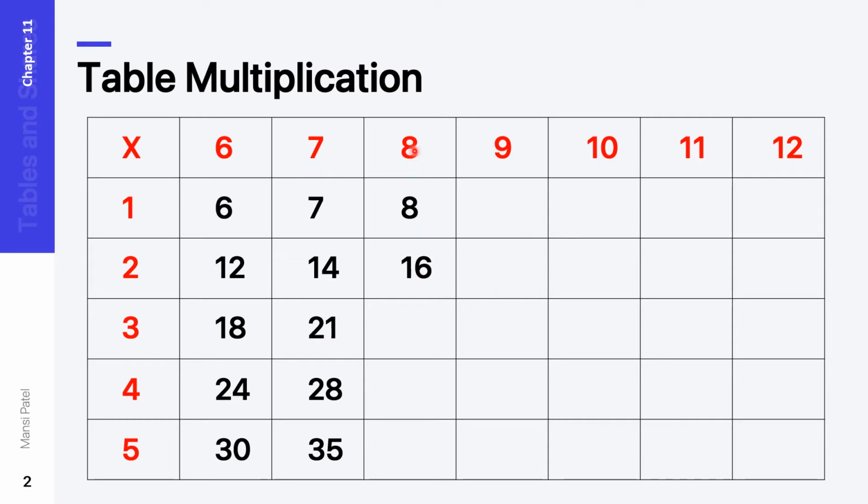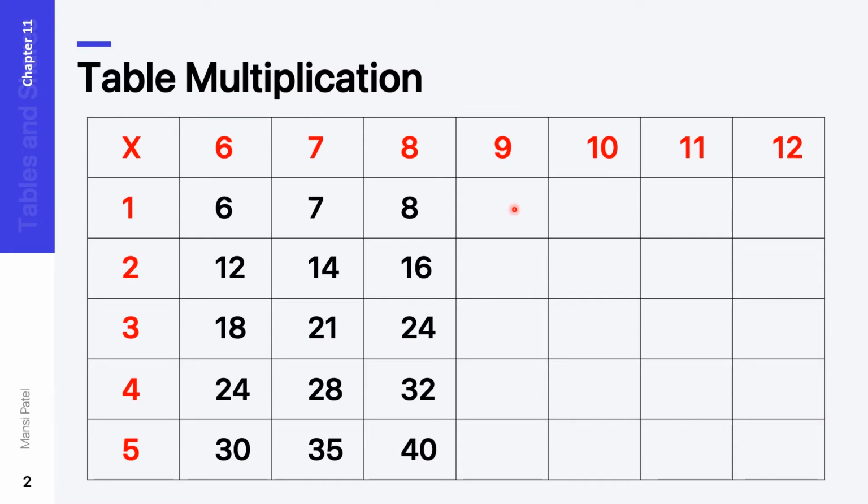Now 8 is the same and another number is 3. So 8 3s are 24. Now one number is 8, the second number is 4. 8 4s are 32. And in the last, number 5 is there and number 8 is there. So 8 5s are 40.